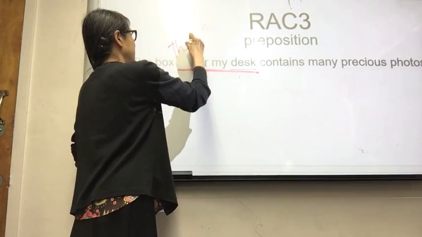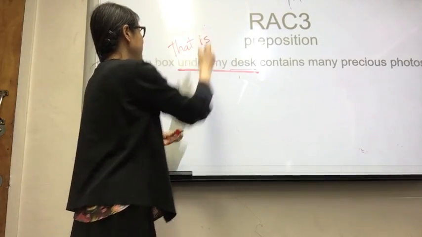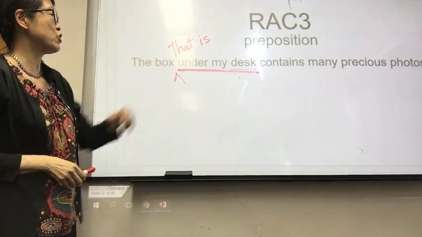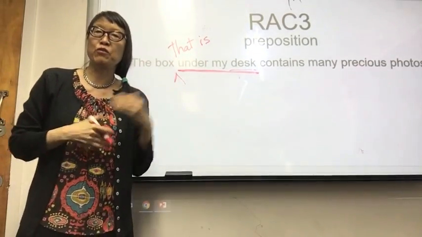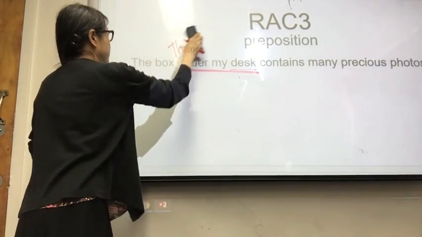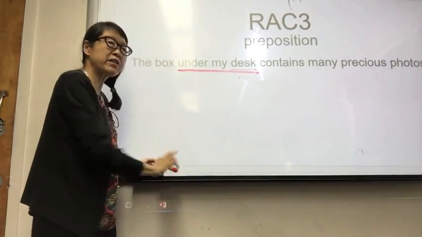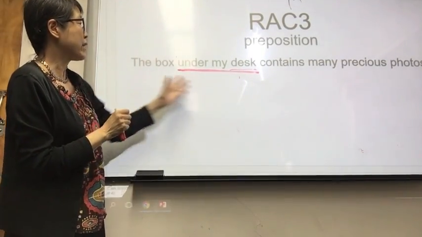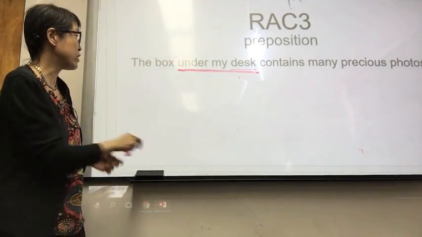Yes, good. Okay, I almost just wrote it in there, but thank you for saying that. Okay, the box that is under my desk contains many precious photos. But if we take that out, can you see how this sounds more streamlined, more condensed? The box under my desk contains many precious photos.